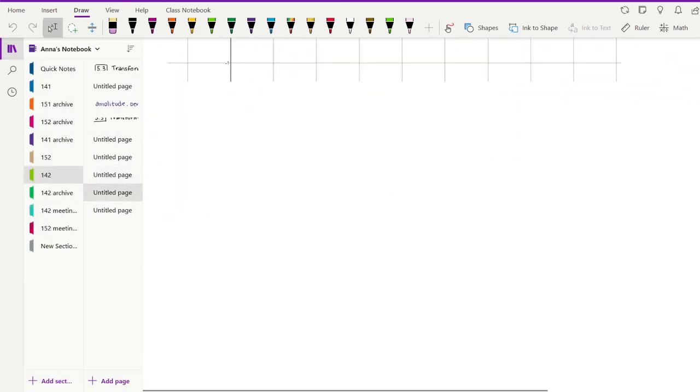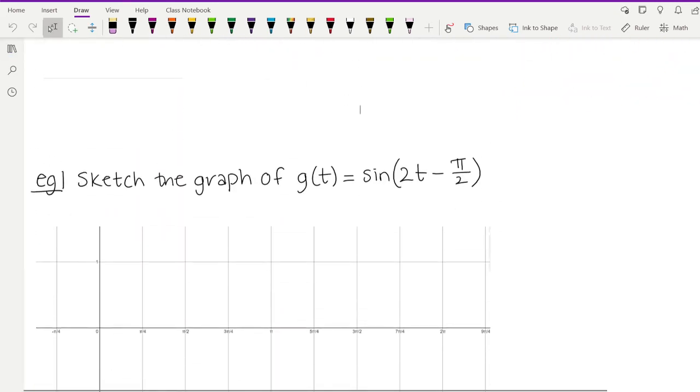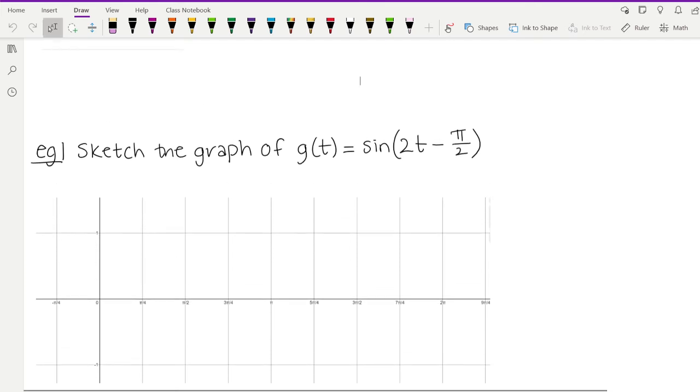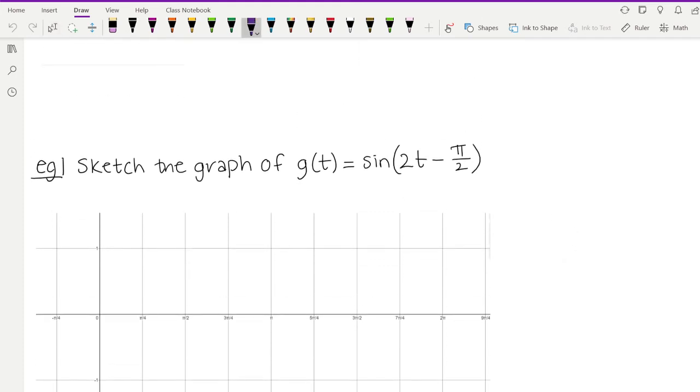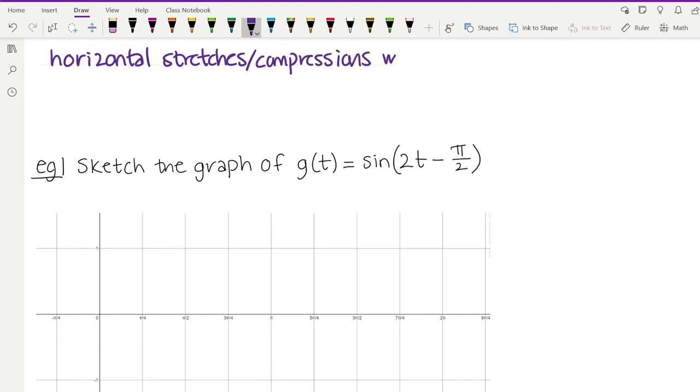Okay, so next up, we're going to get into something a little trickier. So this is now going to be combining horizontal stretches and compressions with horizontal shifts. So let me actually write that at the top here. Horizontal stretches and compressions with phase shifts.